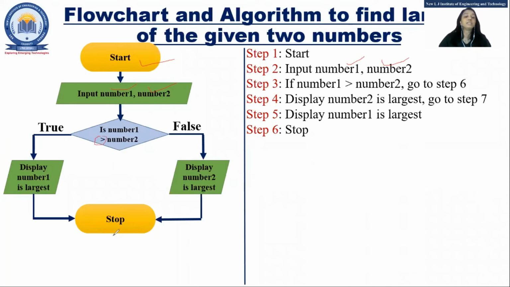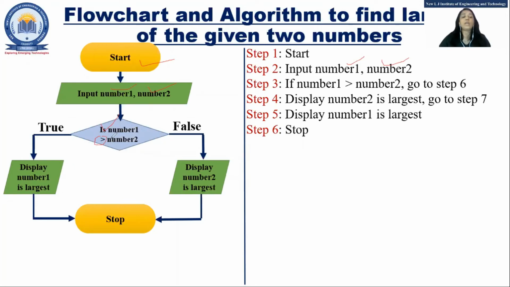When you are writing in a decision box, normally it will start with 'is'. Is number 1 greater than number 2? Yes or no? You can write yes and no also instead of true, false. Both are valid. Same like the previous one, there we checked modulo 2 equal to 0 or not.